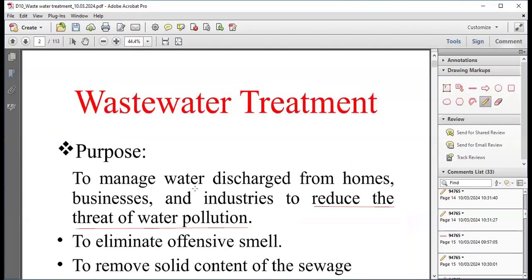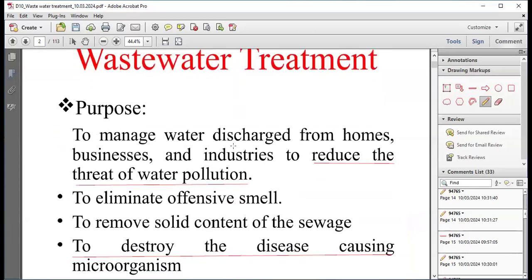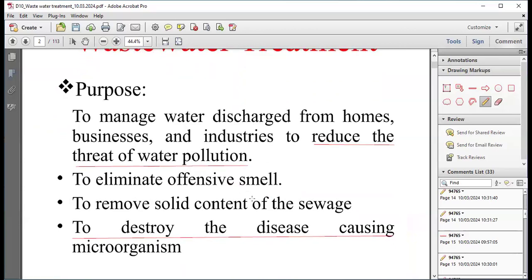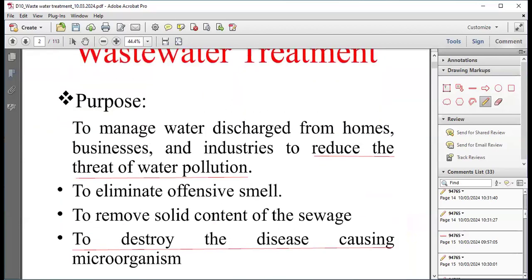The wastewater treatment purpose: the wastewater discharged from homes, businesses, and industries, to reduce the threat of water pollution, to eliminate offensive smell, and remove the solid content of the sewage.